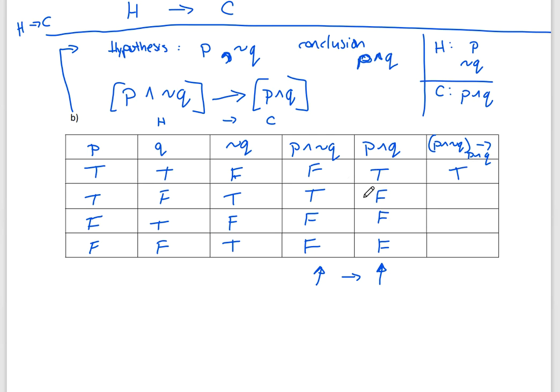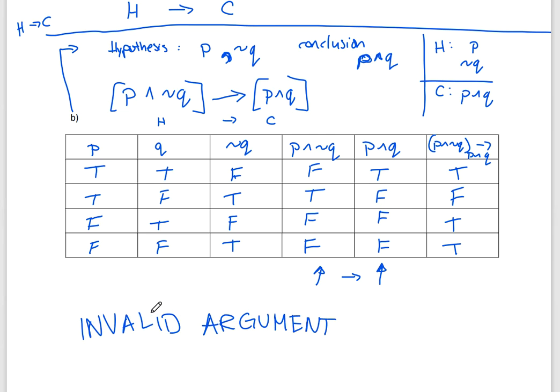The second case is the only scenario where we get a false in a conditional, when true implies false. And then false implies false will give us true, and false implies false will give us true. So we have an invalid argument. And that's all that's needed to say, invalid argument.